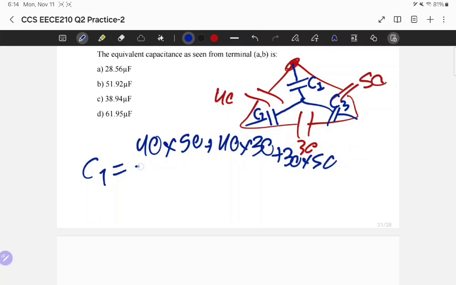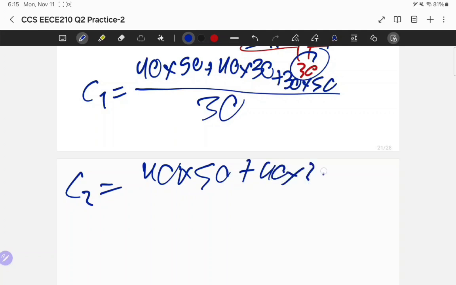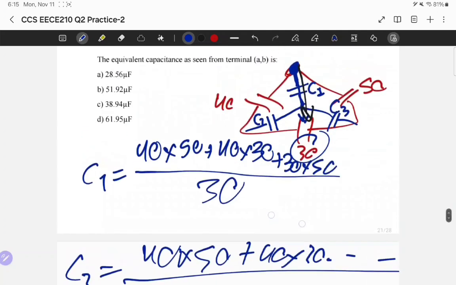Now, for the denominator, I need to find what faces C1. So, for example, I'm here and I look in the direction of C1. I face 30, so I'm going to put 30. Same goes for C2: 40 times 50 plus 40 times 30, and so on, divided by what C2 faces.